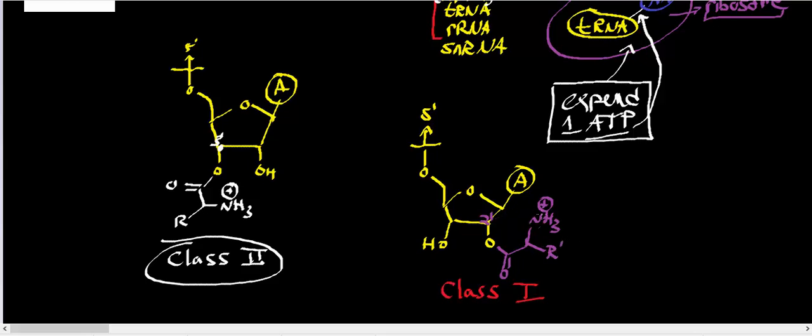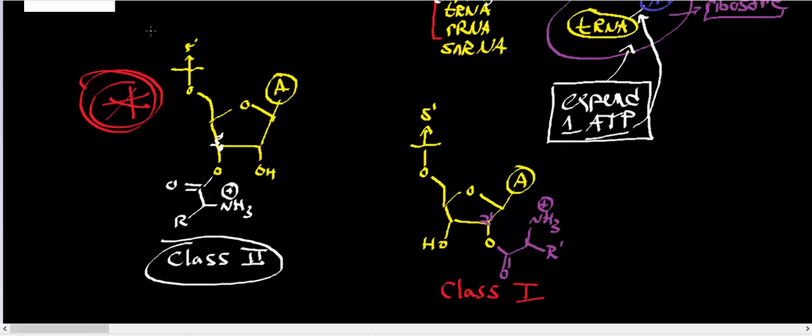But essentially the amino acid gets put onto the 2' hydroxyl group instead of the 3'. And it turns out that the ribosome is only good at dealing with these kinds over here, where you have the amino acid ligated in an ester bond to the 3' hydroxyl group.